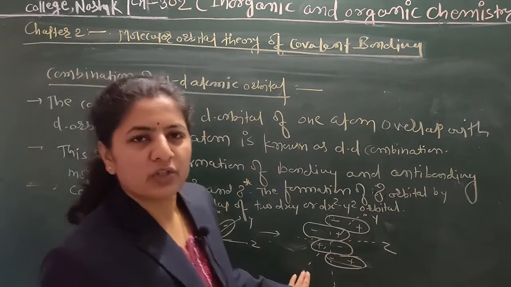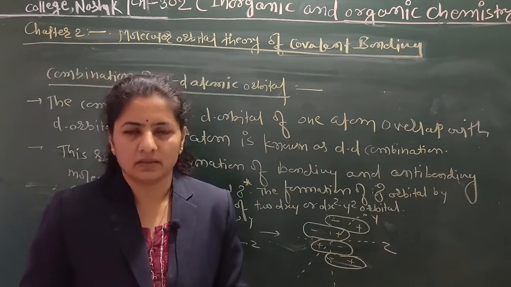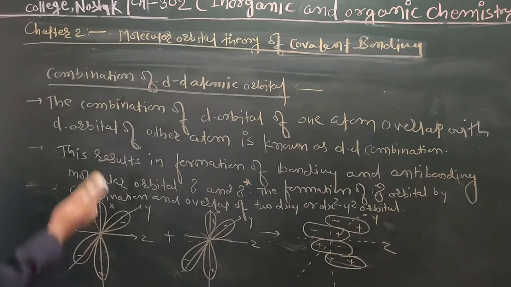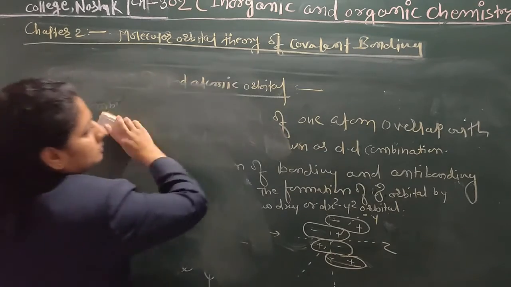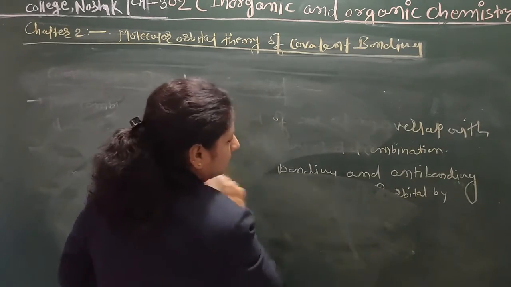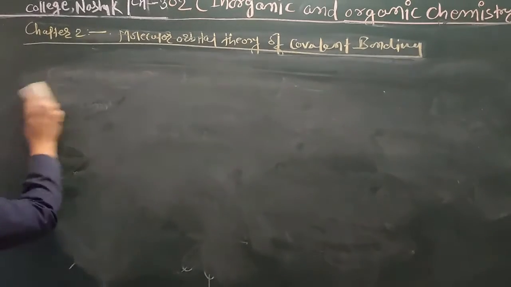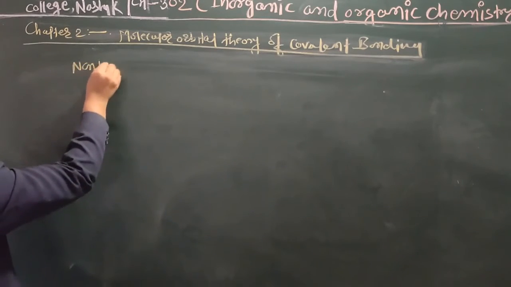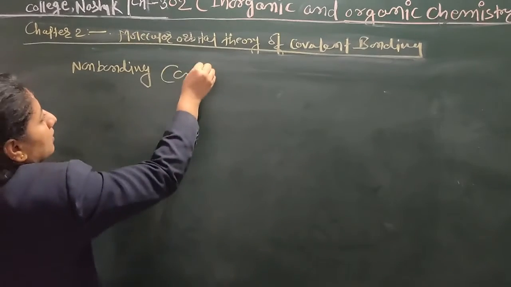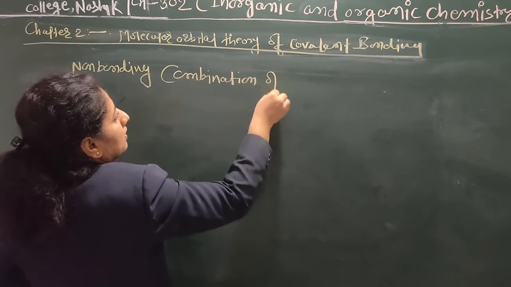So this is a dd combination of atomic orbitals. Then a non-bonding combination of orbitals.